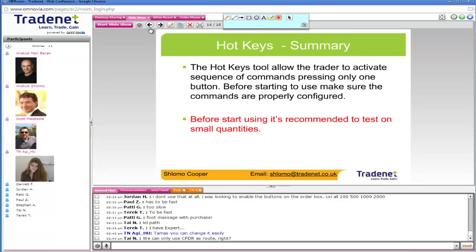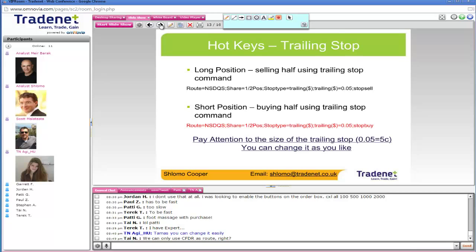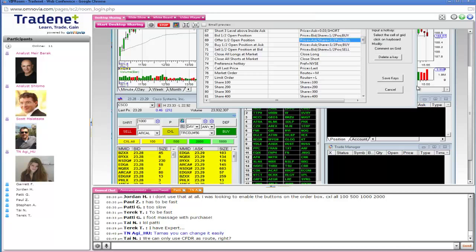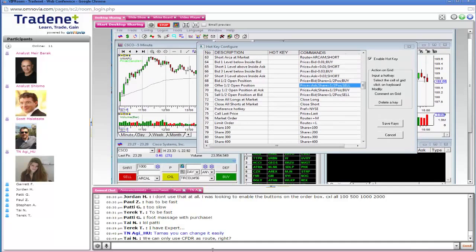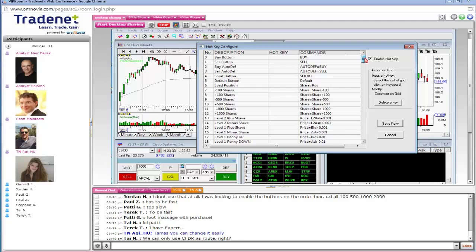Okay. Any questions? Any questions about that? I really urge you to discover these hotkeys. And actually, let's try to create here a hotkey.